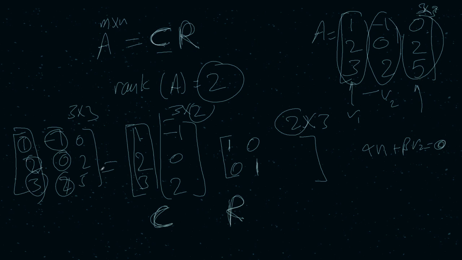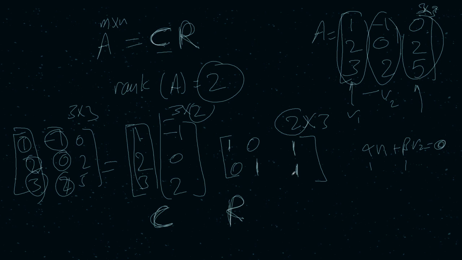What is the third column? As I said, the third column is actually the combination, or the direct summation, of the first one and the second one. So it means that the third column has alpha equal to 1 and beta equal to 1, and this is what I should put here: 1, 1.